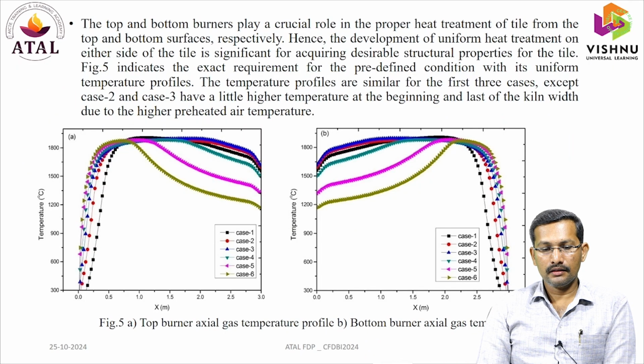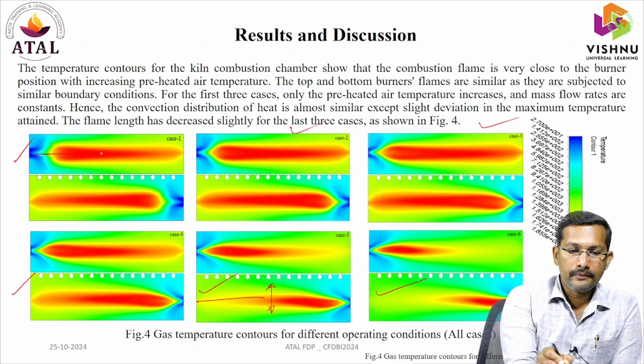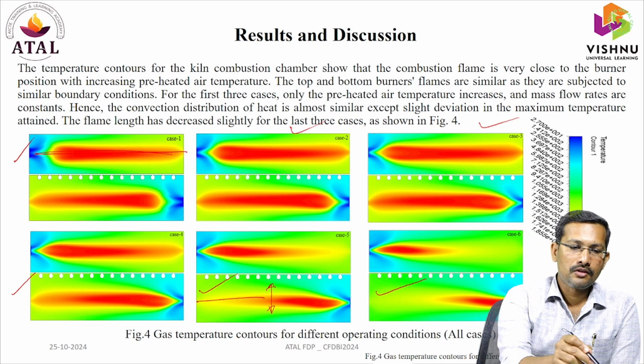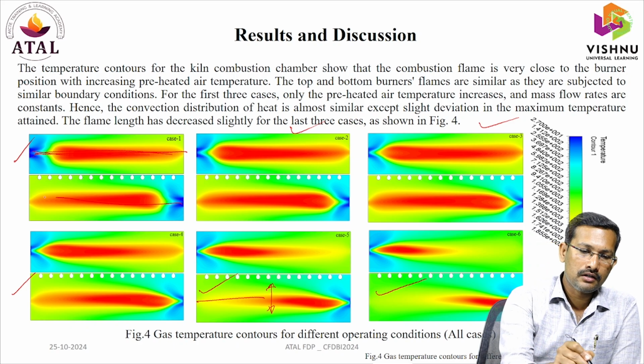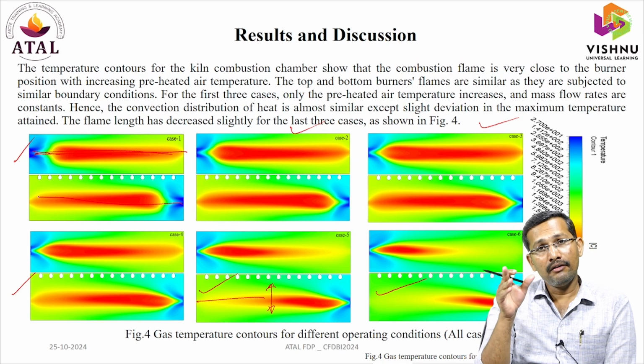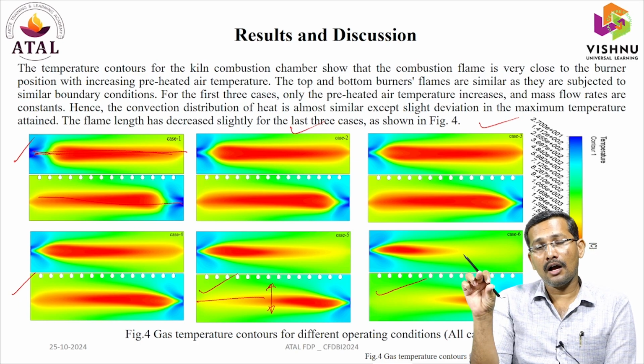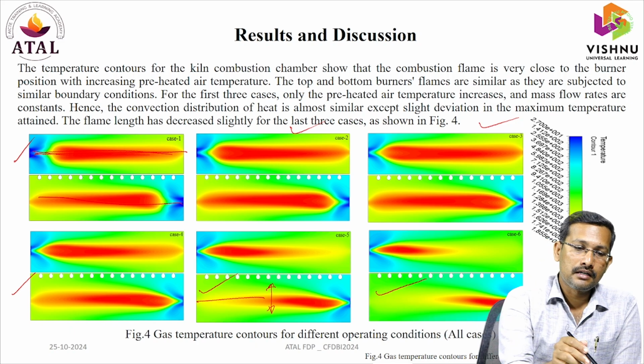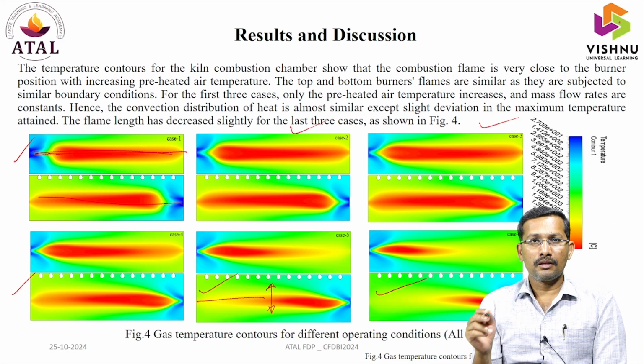Now here are the top burner axial temperature profile and the bottom burner axial temperature profile. I am going to consider the temperature parameter along the flame length of the top burner, and also along the bottom burner flame length. I will catch how the temperature varies along the length of the burner, in this direction for the bottom and top burner.